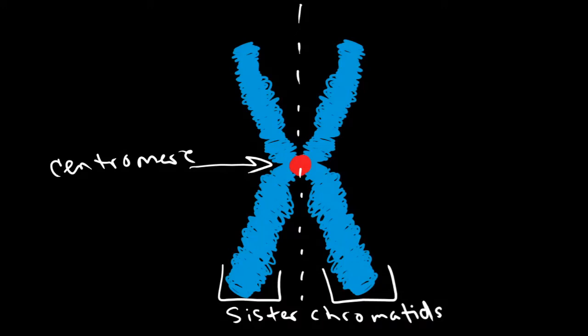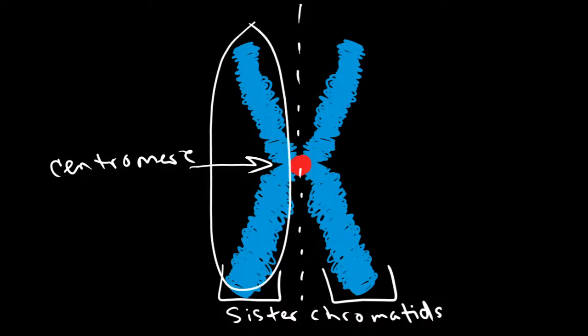Now again, they only replicate and form this X-looking structure for the process of cell division. Prior to that, you would just have this. This would be the chromosome. So during cell division, it's copied and it looks like an X.